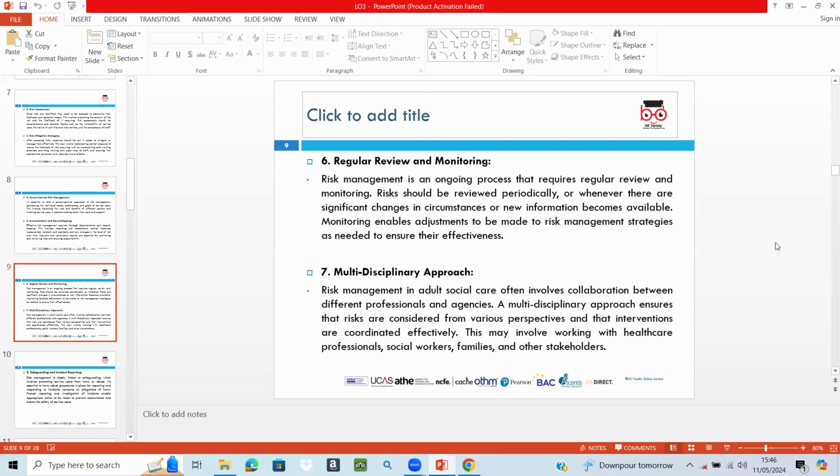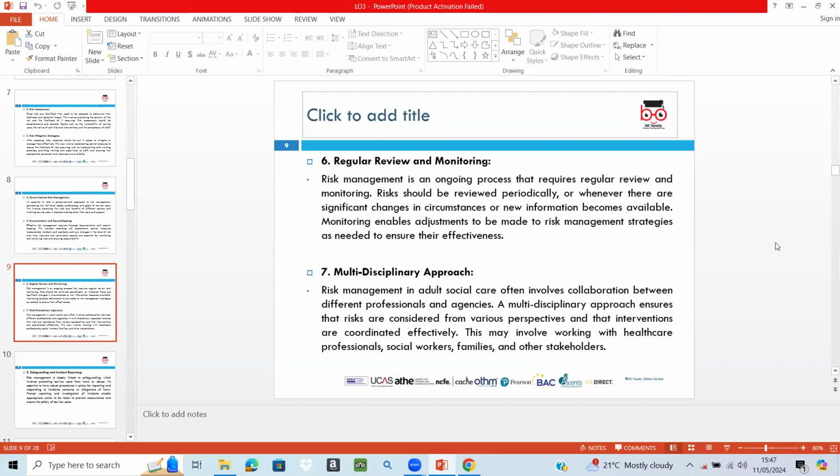Regular review and monitoring are essential components of effective risk management, and this process should be ongoing and include periodic reviews of risk, particularly when there are significant changes in circumstances or new information becomes available. Monitoring allows for adjustments to be made to risk management strategies as necessary to maintain their effectiveness.